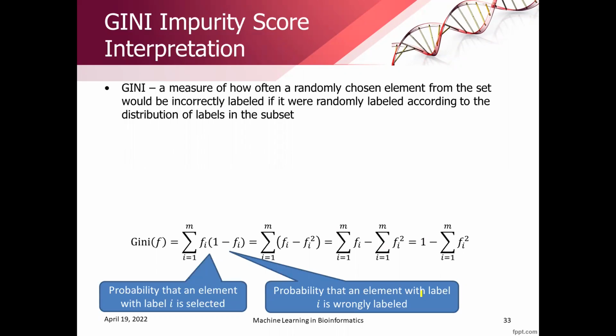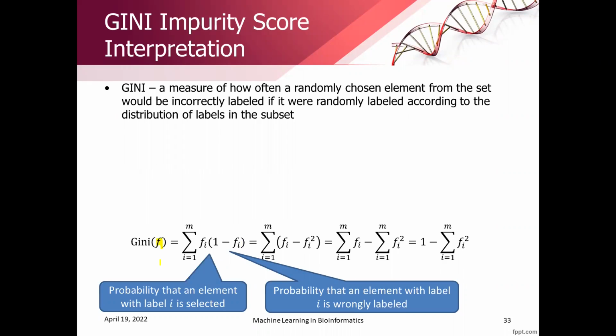And what is the Gini impurity score? The formula is below. F is actually a set of frequencies of samples from different classes. Here we consider M classes, and Fi is the frequency, or we can interpret this as the probability that an element which arrives to the set belongs to class i.